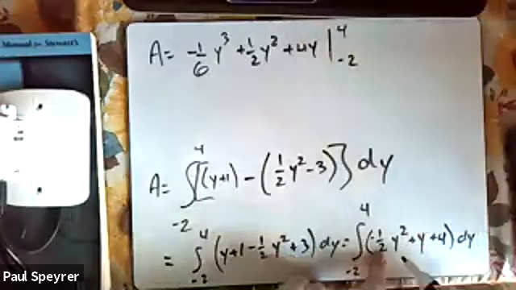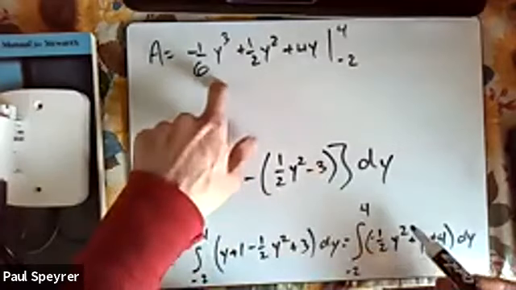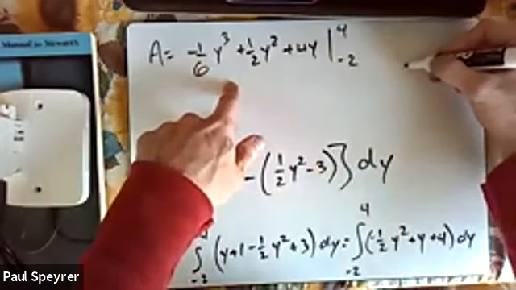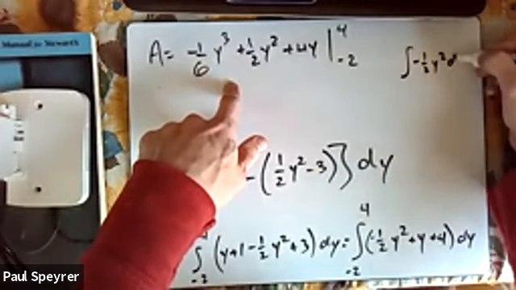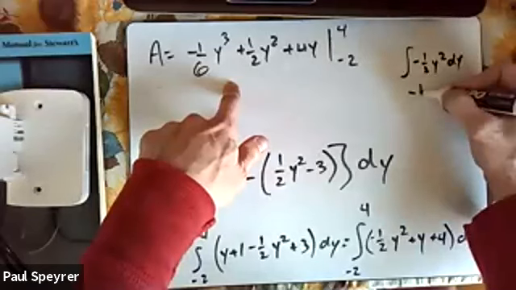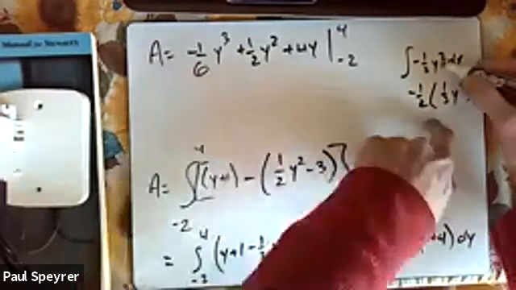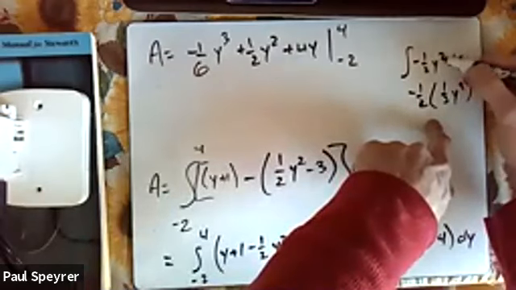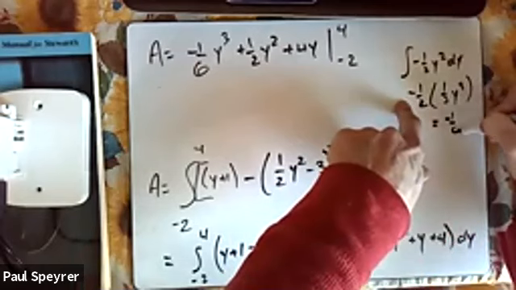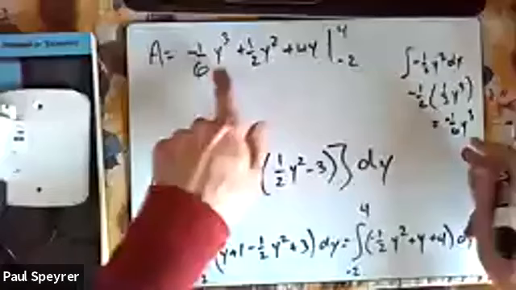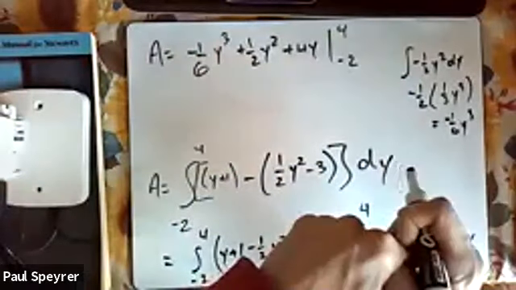So again, negative 1/2 y squared, the antiderivative of that became negative 1/6 y cubed. Why? Because remember it's negative 1/2 times 1/3 y cubed, right? Going y cubed over 3. But since you have the negative 1/2 on the front, you multiply, you get negative 1/6 y cubed. That's where that comes from. Okay, if you need to work that off to the side right there.